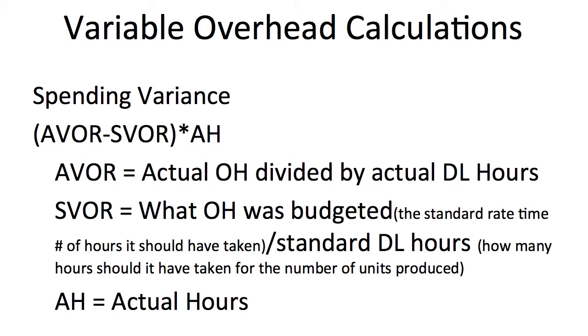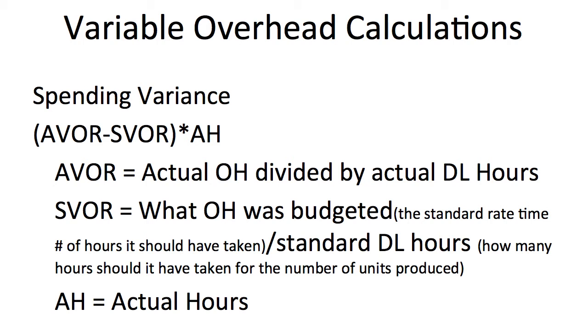Well, in the actual section of the homework, it talks about 10,000 units being made. If 10,000 units were made and it's 0.25 direct labor hours per unit, then you would multiply those two together and you get an expected 2,500 direct labor hours as your standard direct labor hours.